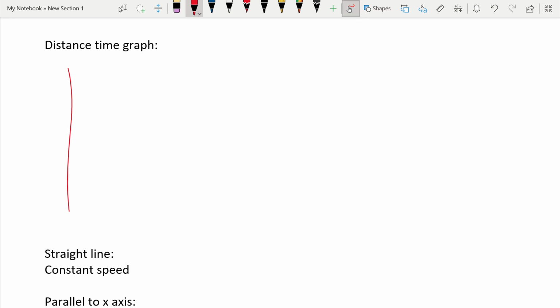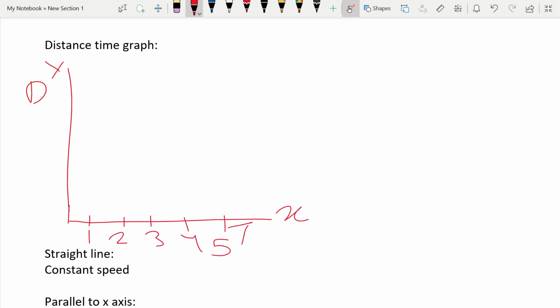Now we're going to be going into a little bit of a deeper topic, which is the distance time graph. It shows the distance and the time in a graph. Let's take the y-axis as distance, and let's take the x-axis as t. Now, 1, 2, 3, 4, 5 on both axes.